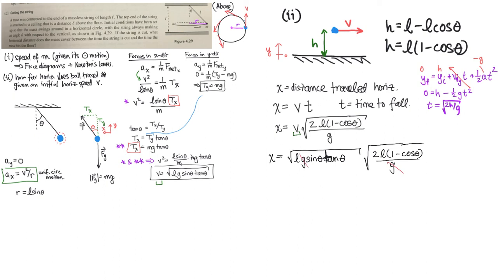One factor of g cancels one factor of g. We get two factors of L both under a square root, so that L will pop out, and we end up with L times the square root of 2 sine theta tan theta times 1 minus cos theta.